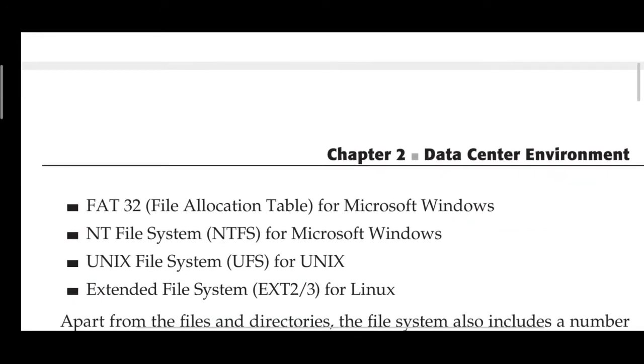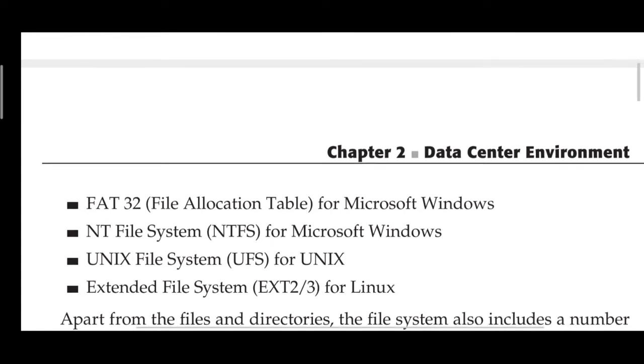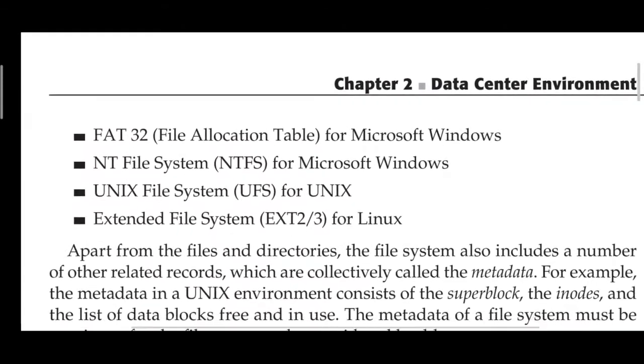FAT32, FAT stands for file allocation table, for Windows. NTFS for Windows. UFS for Unix platform. ext2 or 3, extended file system, that is for Linux.